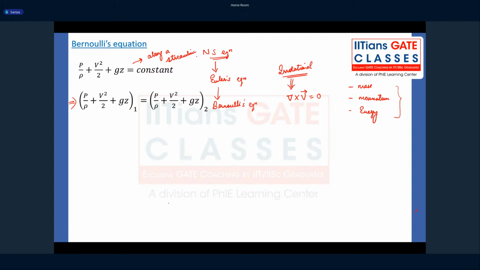Now what is a streamline? A streamline is the path of the flow, right? We will formally define that later, but a streamline is the path of the flow. So you pick a streamline, it is applicable at any 2 points on that streamline, but not across the streamlines if the flow is not irrotational. But if it is irrotational, then you can apply it between any 2 points.